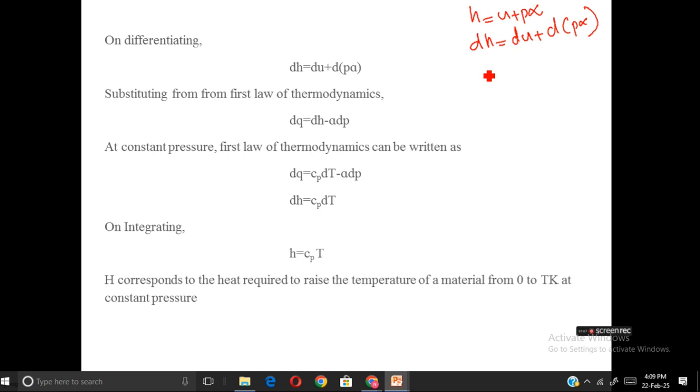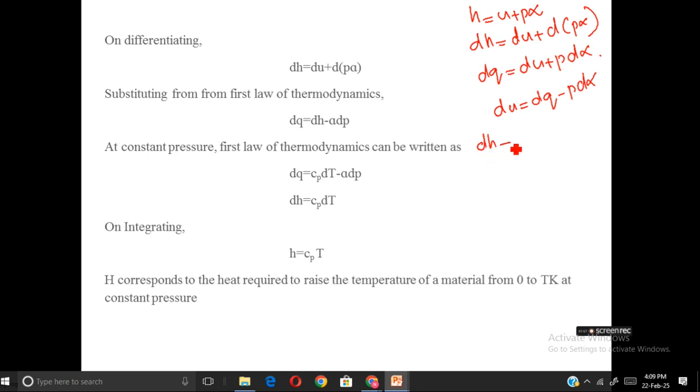Now we substitute from the first law of thermodynamics, we can write dQ is equal to dU plus P d alpha. Thus we can write dU as dQ minus P d alpha. We substitute that in the enthalpy equation.